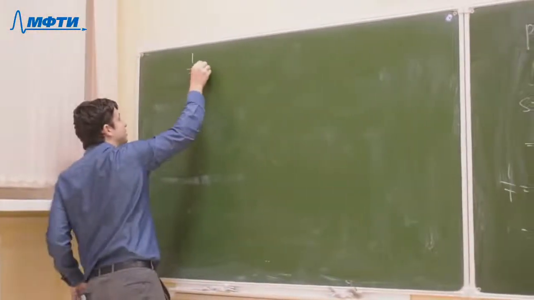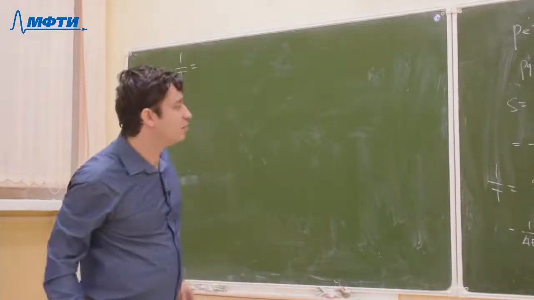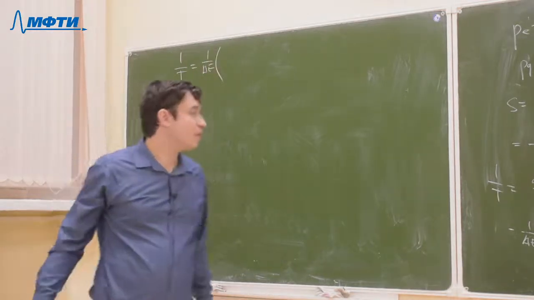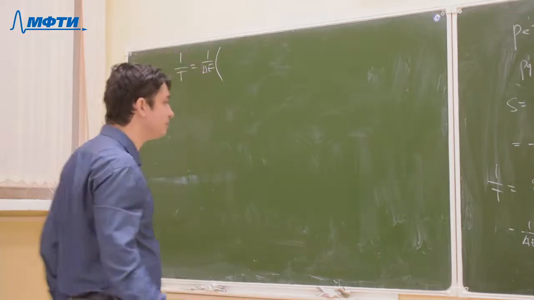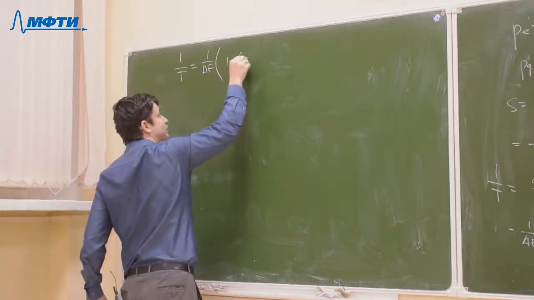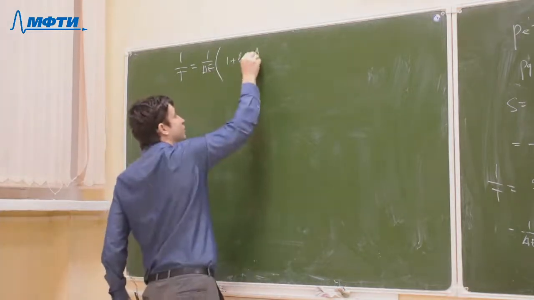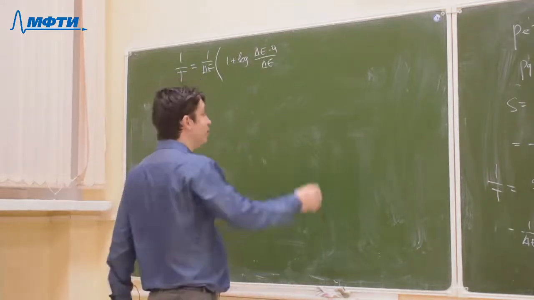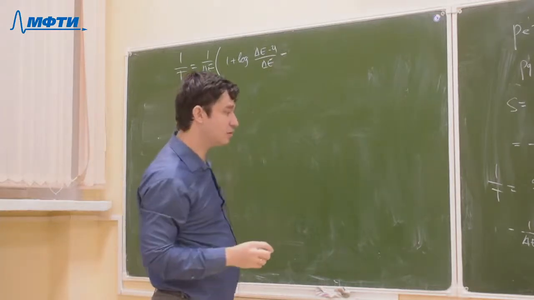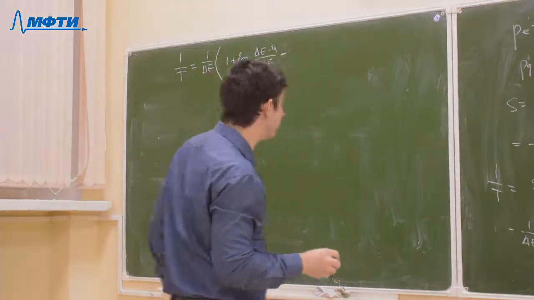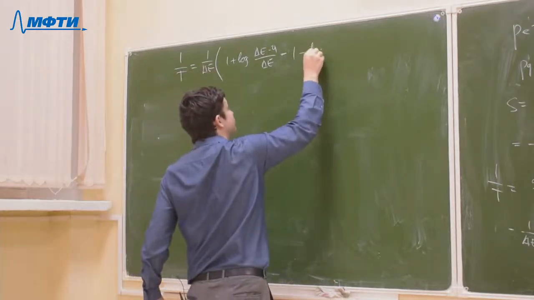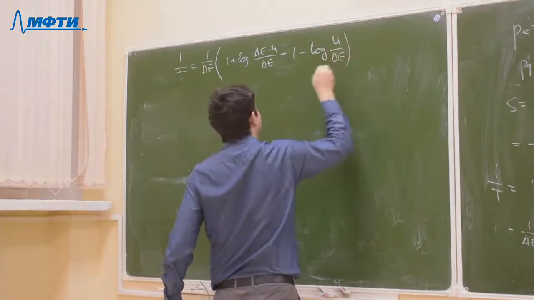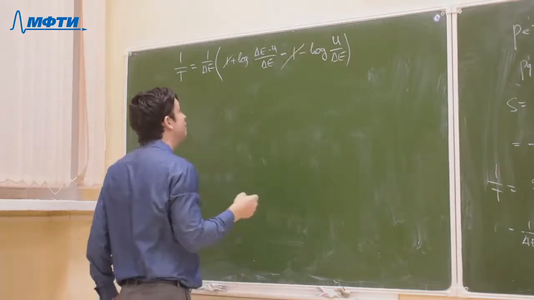So 1 over T is 1 over delta E, (1) plus natural log of (delta E minus U over delta E) minus, okay, minus 1 minus natural log of U over delta E. Okay, these two are eliminated from this expression.